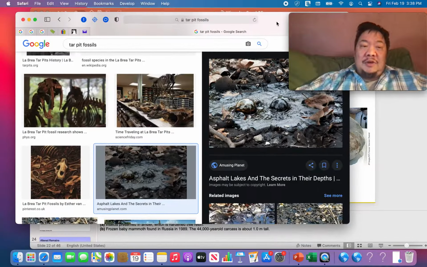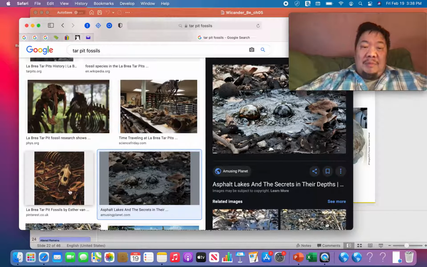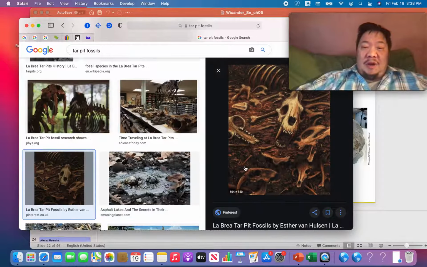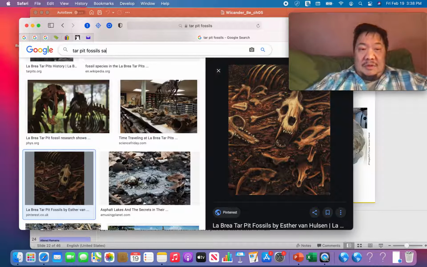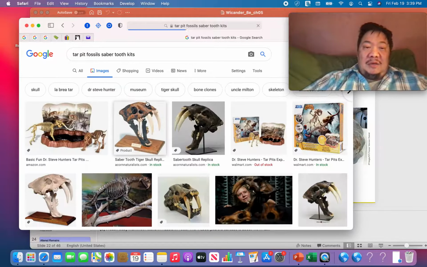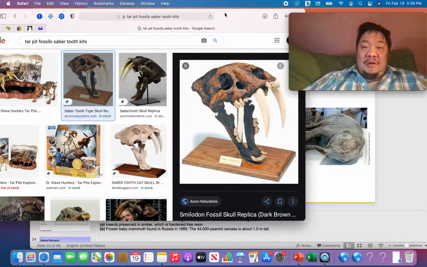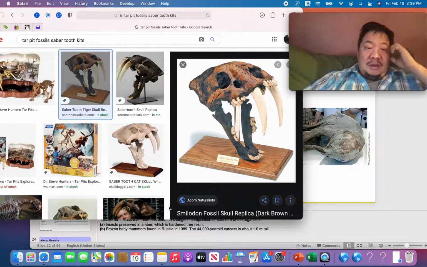And if it reaches the surface, they're called tar pits. And bones have been found in these tar pits of saber-toothed cats, for example, who also lived with the mammoths back during the Ice Age times. And here you can see what a saber-toothed cat skull looks like. Notice the big, long teeth.